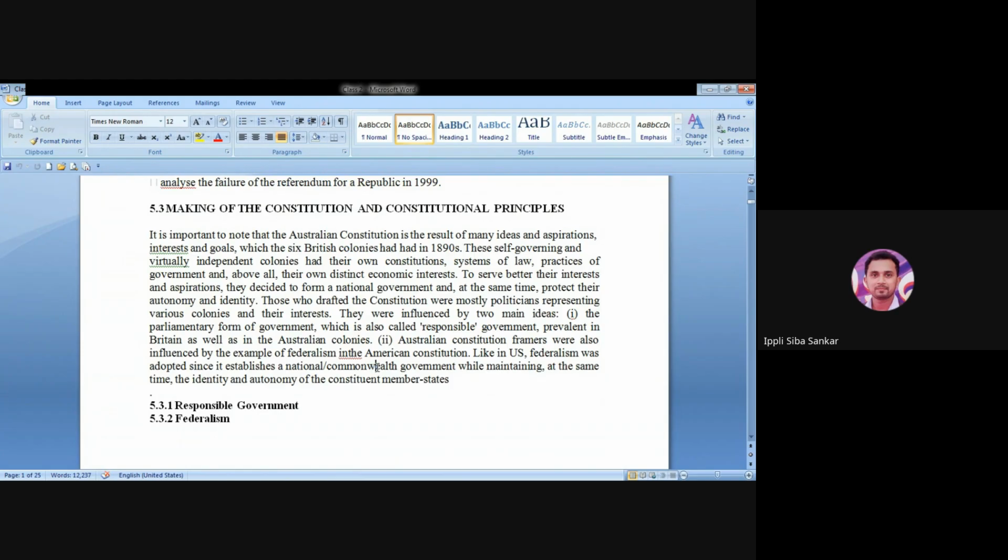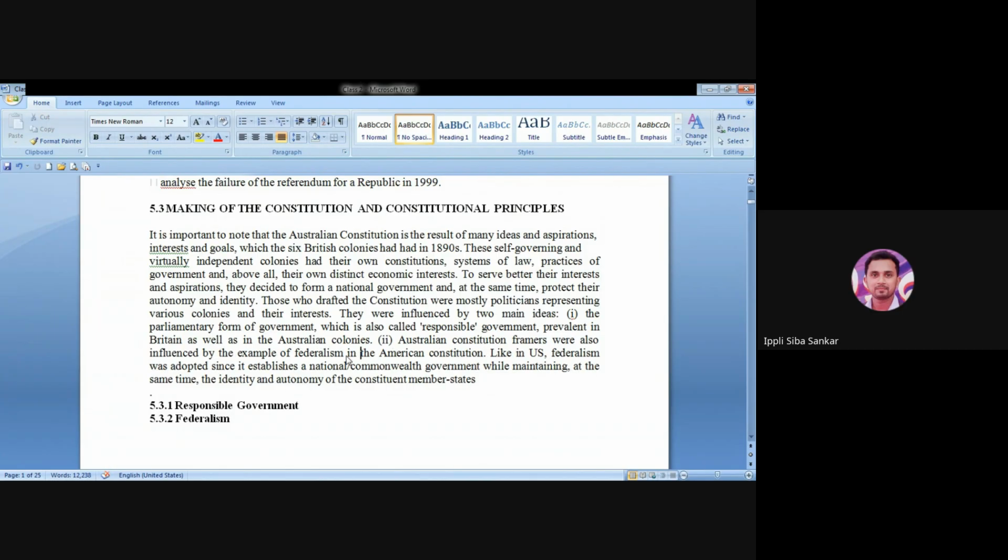They were influenced by two main ideas: the parliamentary form of government, which is also called responsible government, prevalent in Britain as well as in the American colonies. They were influenced by the parliamentary system, the responsible government, and the Australian constitutional framework was also influenced by the example of federalism in the American Constitution.